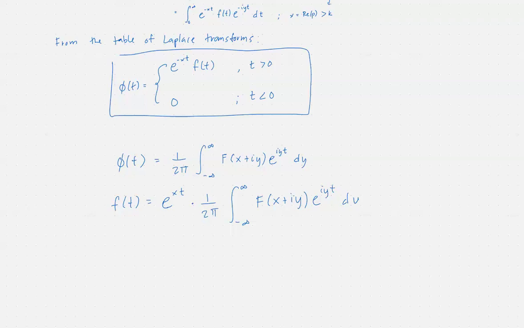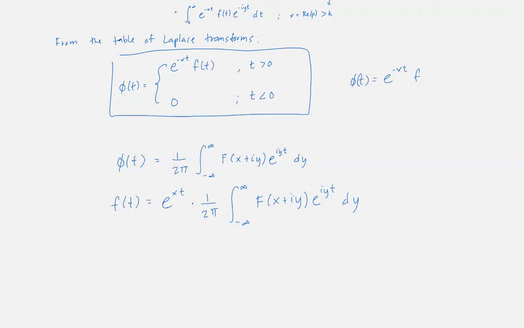So what happened here? We just added this one, right? Because as we know, based on this definition, phi of t is just e raised to negative xt f of t. To get f of t, we just divide phi of t by e raised to negative xt.